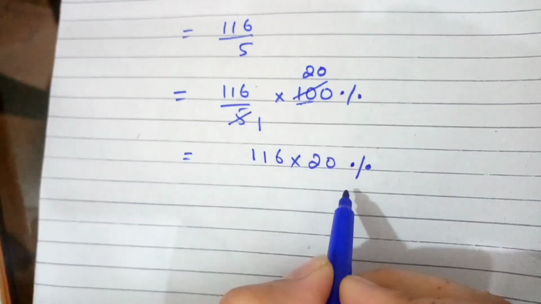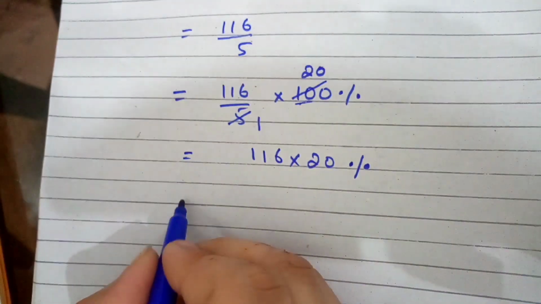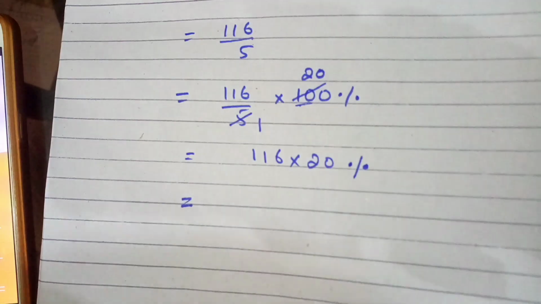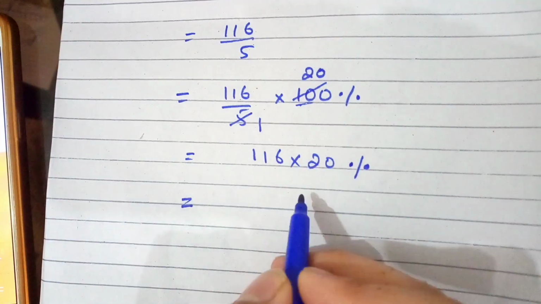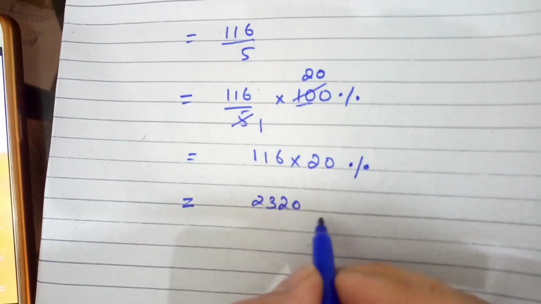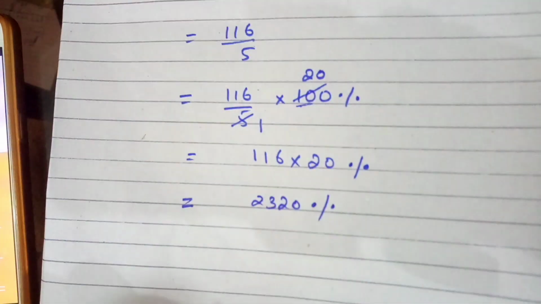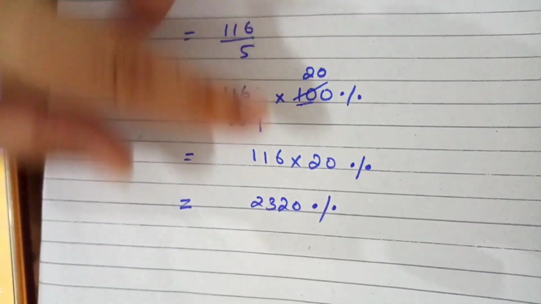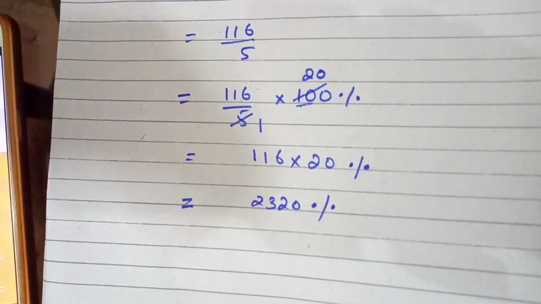Don't forget to write the percentage sign. Now we multiply 116 and 20. Multiplying 116 by 20, we get 2320 percent.